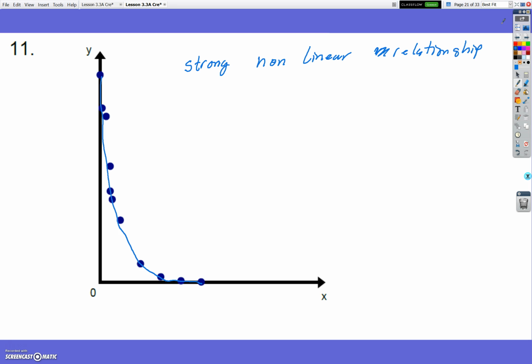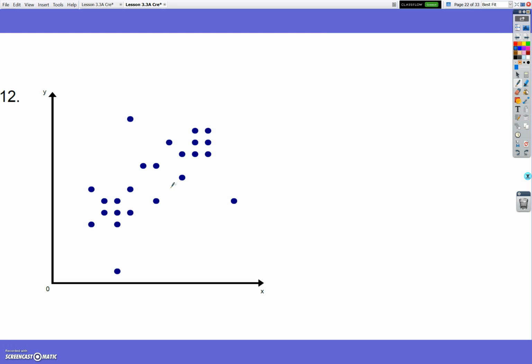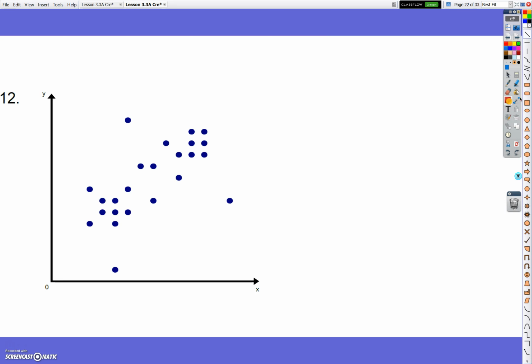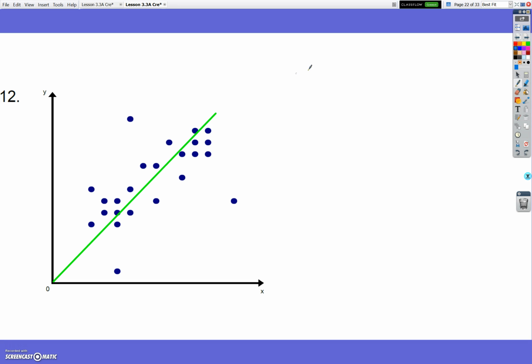All right. Now let's go ahead and look at this. On this one, I want you to notice that I have a general trend. The general trend is going in an upward position. And so what I would say is this one is a positive, because it's going in an upward trend, and it is linear.